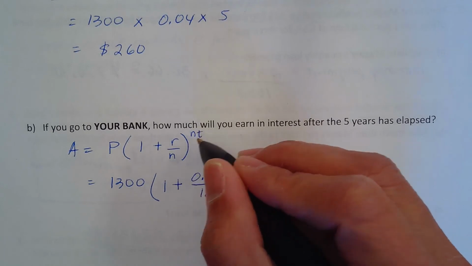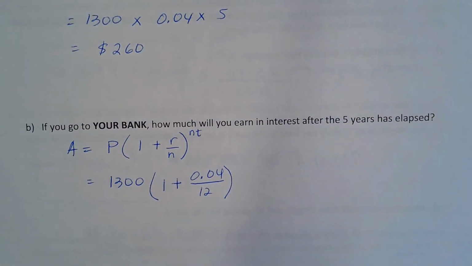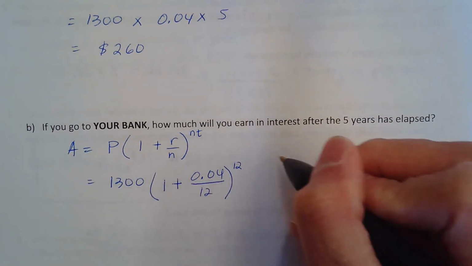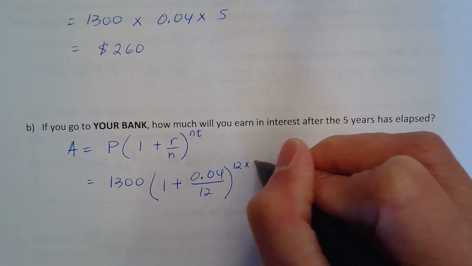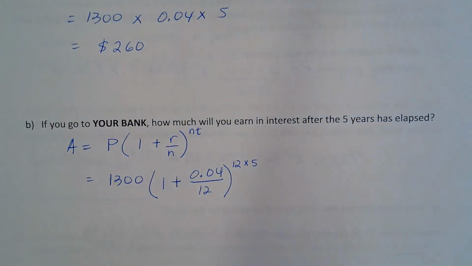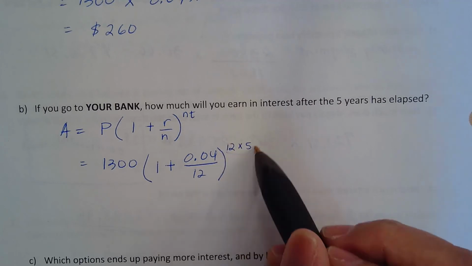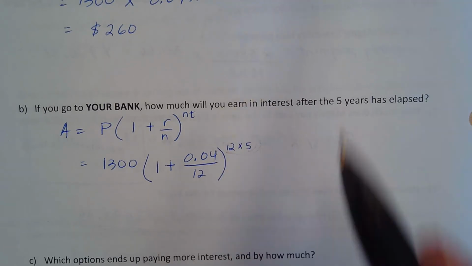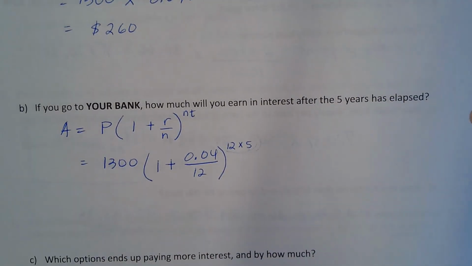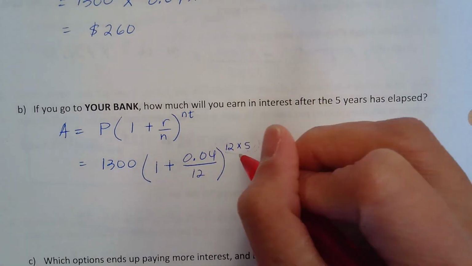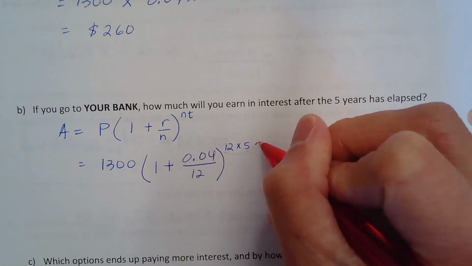These N and T multiplied together are the exponents. So N times T would be 12 times 5. So the strategy that I told you is, just work this out first. Work out that top piece. We know that 12 times 5 is equal to 60.